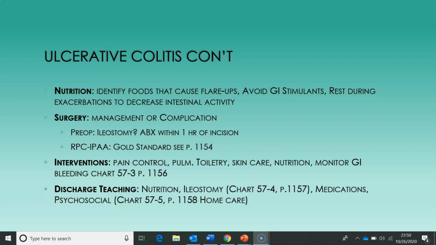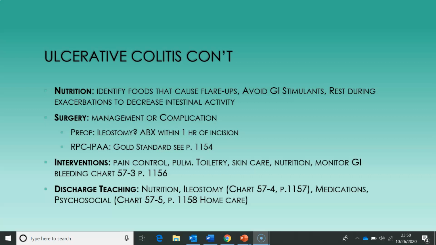Ulcerative colitis continued. Nutrition, you want to identify the foods that can cause flare-ups. You want to avoid GI stimulants. You want to make sure that they're resting during exacerbations to decrease intestinal activity. Sometimes these patients will have an ileostomy.